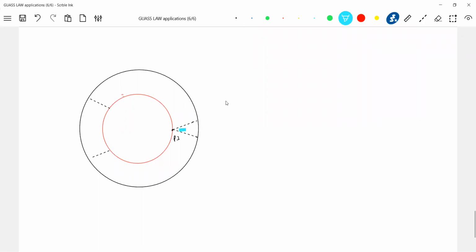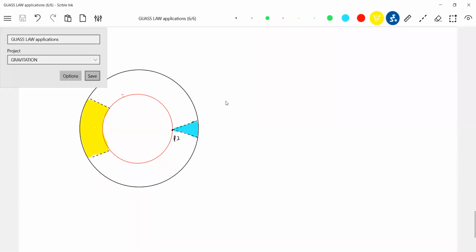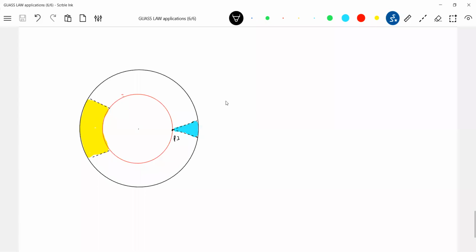There are two strips, two regions. I'm taking that one at point P3. This is our point P3.